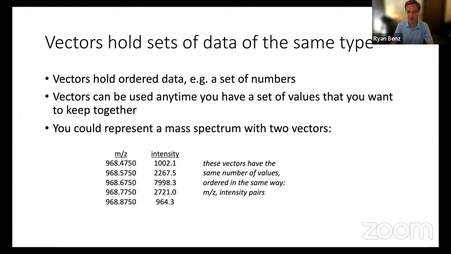One vector that stores M/Z values, another vector that stores intensity values. And what would be important here is that these vectors should have the same number of values in them. We say they have the same length and they're ordered the same way so that we have M/Z and intensity pairs. Okay, so this is one way in which we might want to represent mass spectrometry data as two vectors.